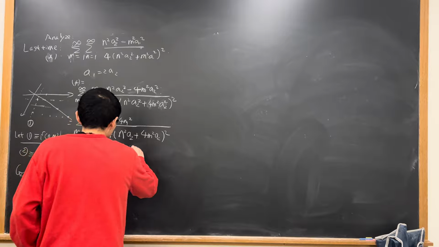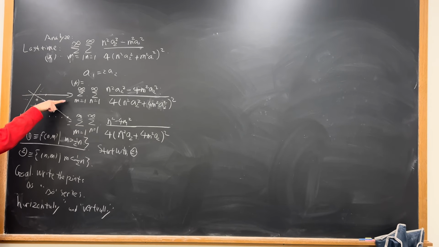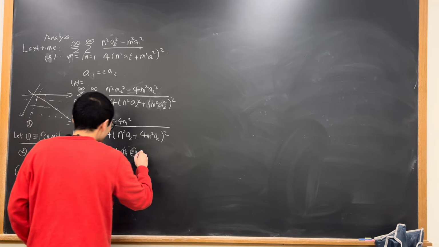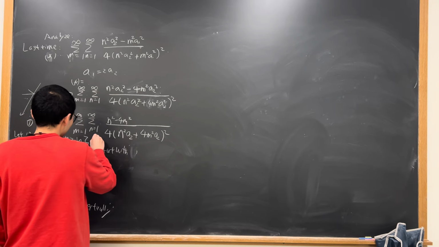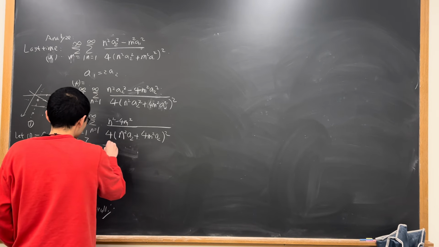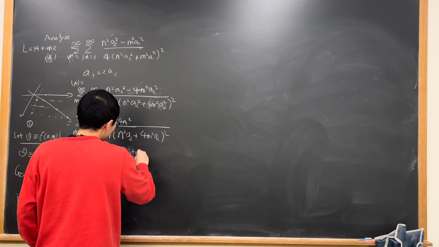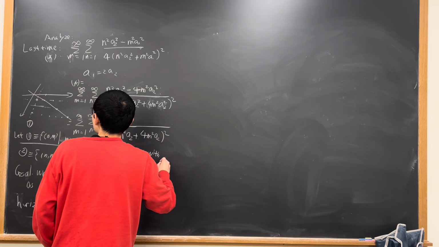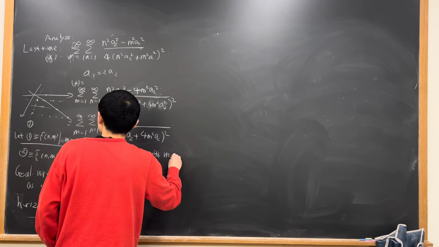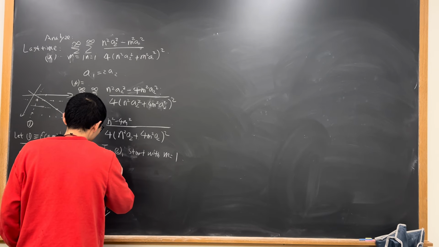Horizontally, I mean you start with the line m equal to 1, right? So in region 2, let's start with m equal to 1.